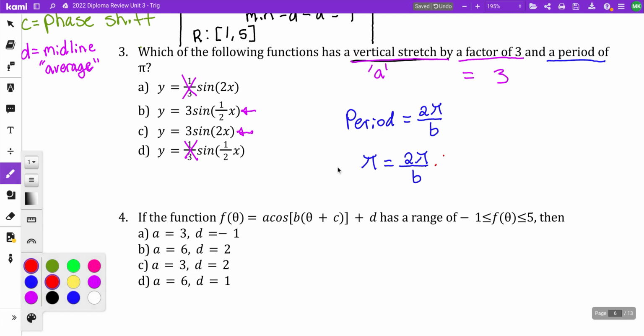Multiply b to the other side. Divide pi to the other side. And we have b equals 2. That means it's not b and it's not d. It has to be one of these two. Our answer is C.